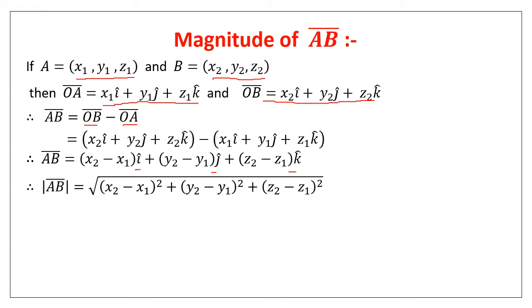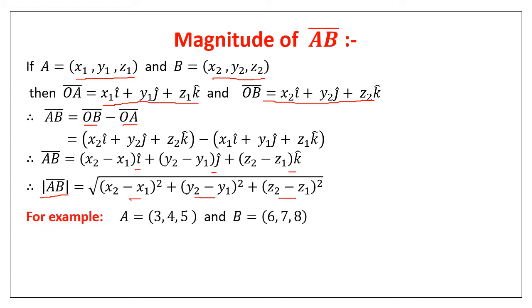So we have AB bar equals (x2 minus x1) I cap plus (y2 minus y1) j cap plus (z2 minus z1) k cap. So magnitude of AB bar equals modulus of AB bar equals under root (x2 minus x1) whole square plus (y2 minus y1) whole square plus (z2 minus z1) whole square, which is nothing but our distance formula.